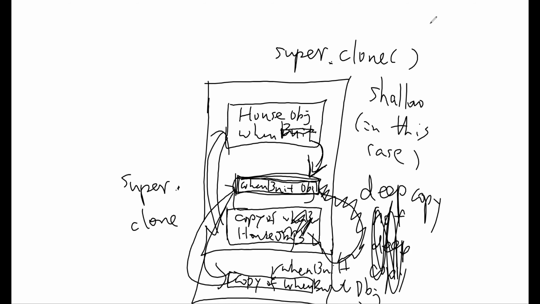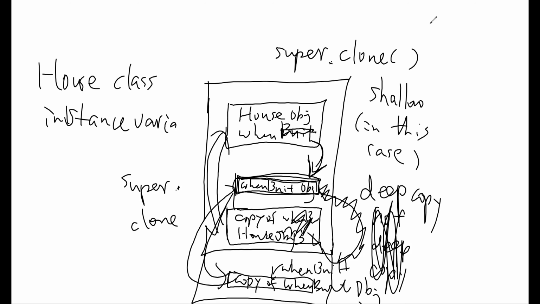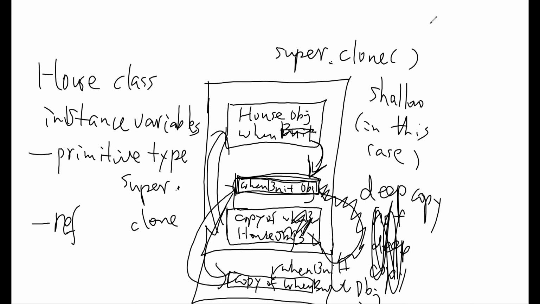Okay, so be very careful here for Java objects. When your object is more complicated, which happens in the real world a lot, we have this kind of scenario, because our house class instance variables in this case have primitive types, and also have a reference type.